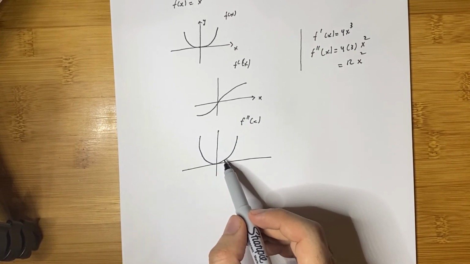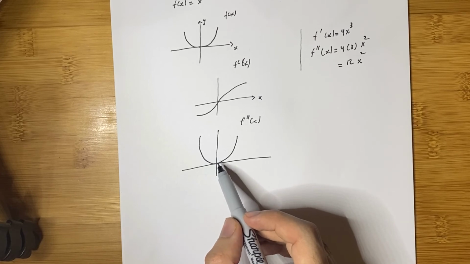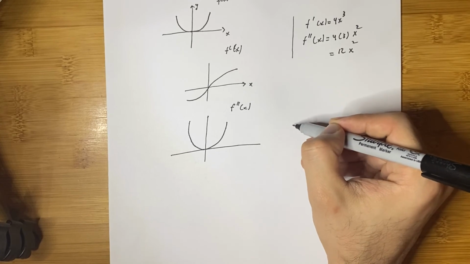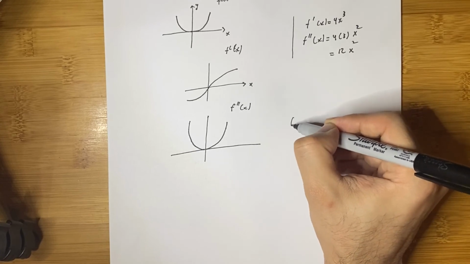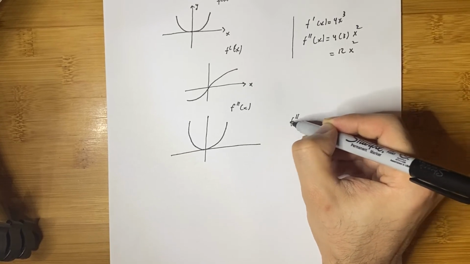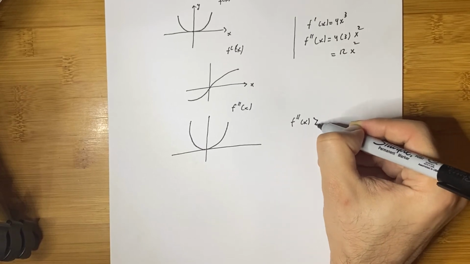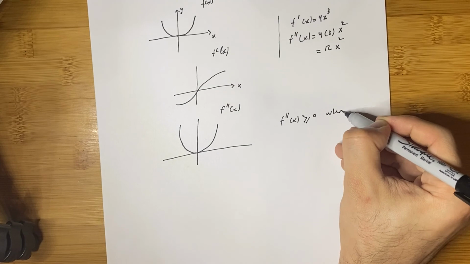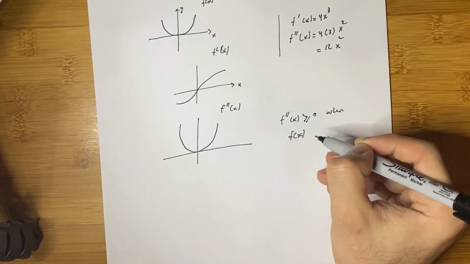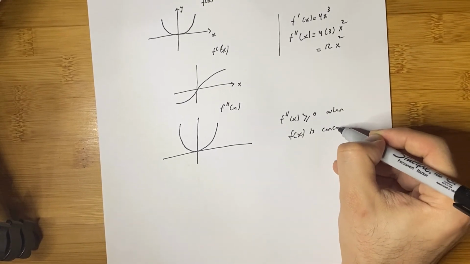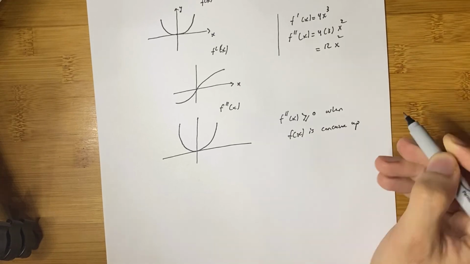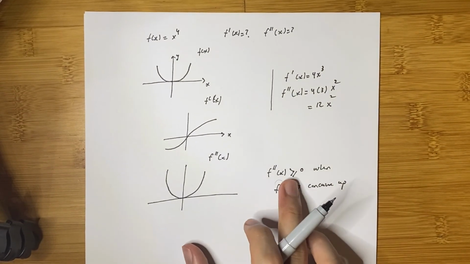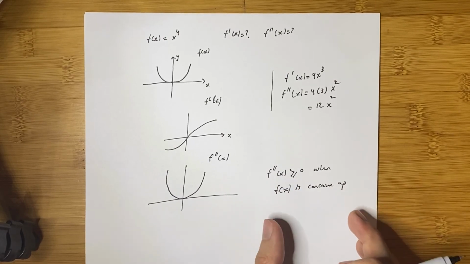It's not positive everywhere. So what we notice here is that the second derivative is not all positive. When we draw it, at x equals 0, it's actually 0. That's why we mentioned that the second derivative can be greater than or equal to 0. So this is just a note, so just keep that in mind. We will not use it that much.